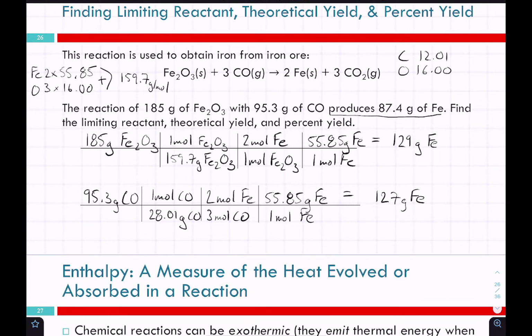Right? 127 is less than 129. Pretty good reaction, though, considering that we use up almost all of everything. If those two numbers are close, that means that most of it's getting used up. So the limiting reactant is the carbon monoxide. So our theoretical yield is 127 grams.